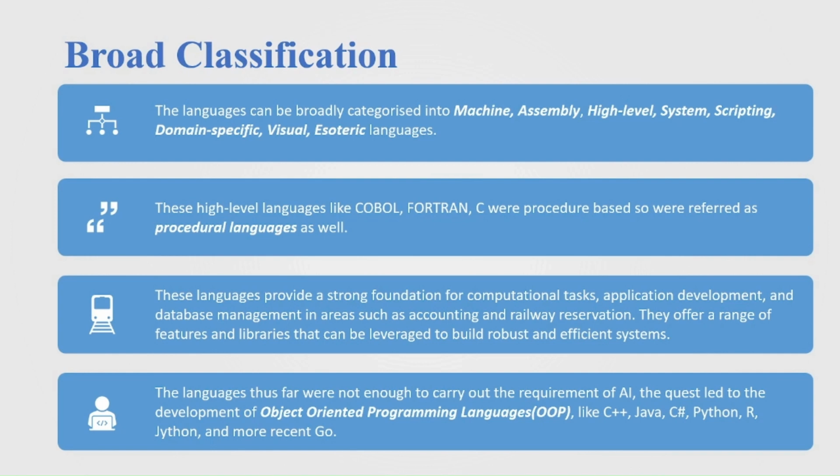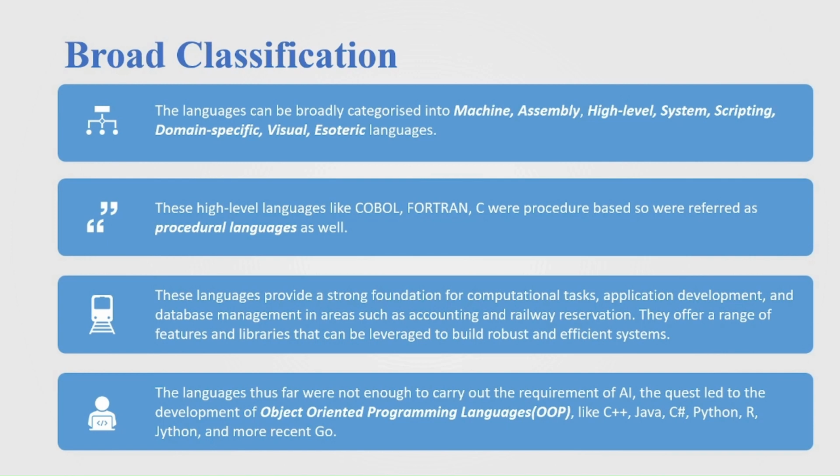So these are the categories which represent different approaches and purposes in programming. Each category has its own strengths and applications, and how we want to use them in our own application depends on our needs. Since AI came, the classification of languages now also includes object-oriented programming languages, which are actually high-level languages only.